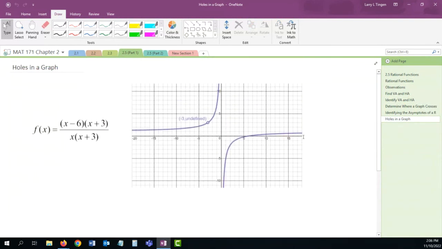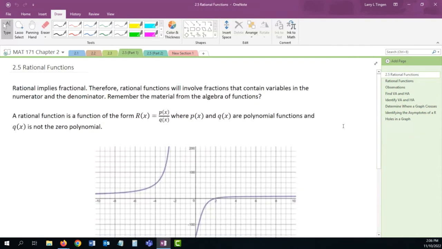All right. So 2.5 is all about rational functions. Rational functions are functions that have a polynomial in the numerator and the denominator, and the denominator is not the 0 polynomial.